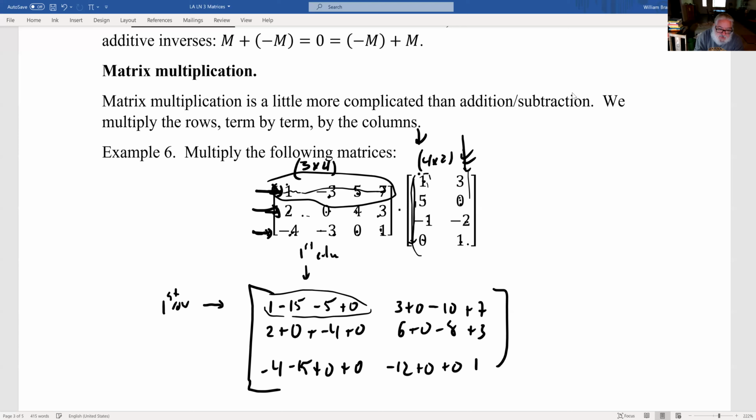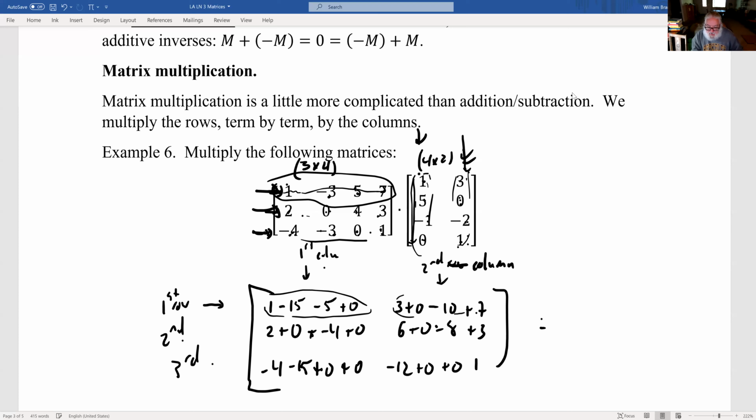First row of this matrix on the left times the second column gives me this, right? And then the second row times the first column was this one. The second row times the second column gave me that one. And finally, the third row, this one, times the first column gave me this, and then the third row times the second column gave me that.